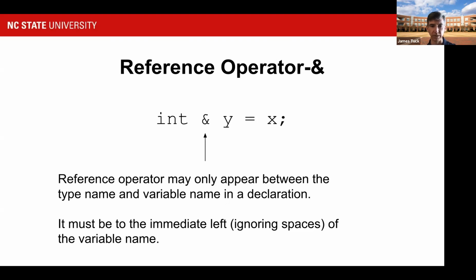In the declaration between the type and the variable name, I put this ampersand. And that means it's a reference. Y is a reference. And it's referencing x. Okay, it must be to the left of the variable name, but there can be spaces in here. That's fine. It's not like literally on the name. We ignore white space in C and C++. It just needs to be somewhere to the left of the variable, and that should be fine.